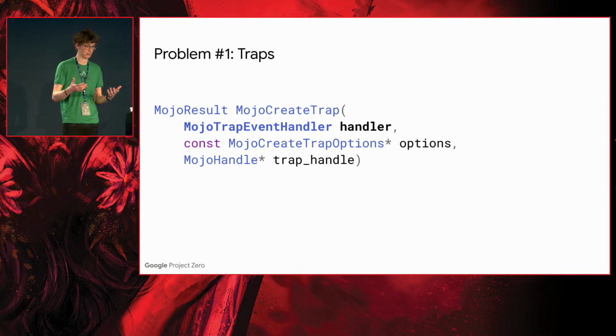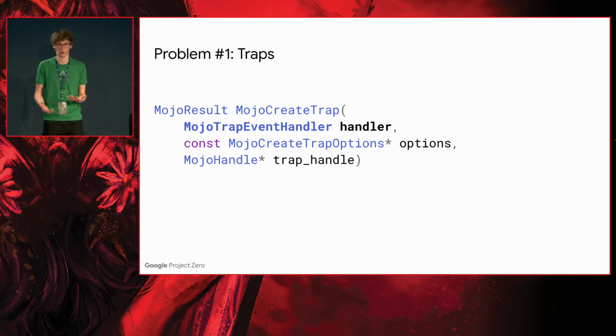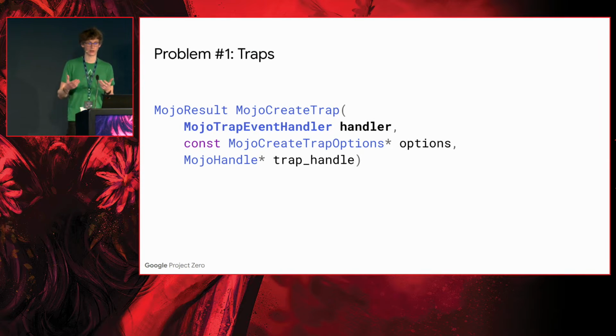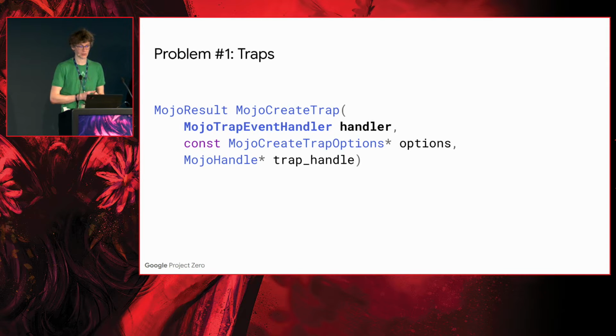You need something like select or some concept like this, because you have hundreds of message pipes per process. So trap is like the Mojo native equivalent of select. What a trap is, basically you register a handler, you attach it to a message pipe, and when that pipe becomes readable, that trap will fire and your handler will get called.